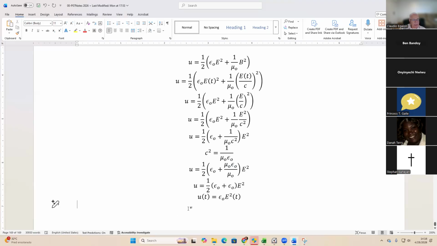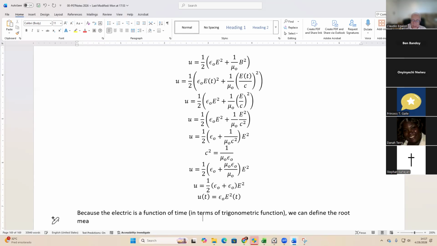And because the electric field is a function of time in terms of, don't forget, sine and cosine, the trigonometric functions, we can define the root mean square value of the electric field, just like we did for AC circuits.